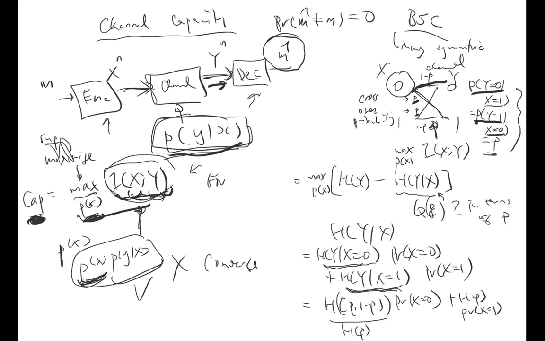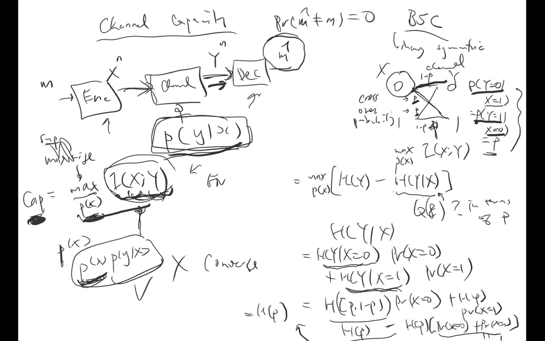Now, you guys have to be careful. The H(p) I can pull out, as probability X equal to 0 plus probability X equal to 1 sums up to 1, right? So this value is just equal to H(p).